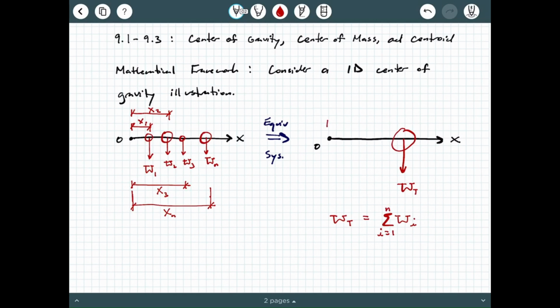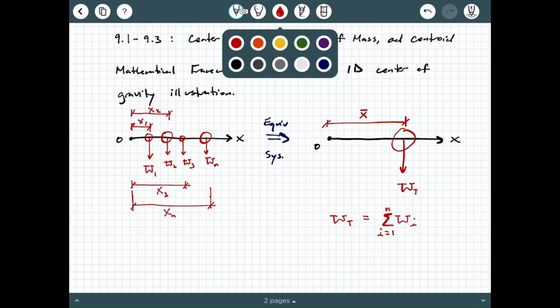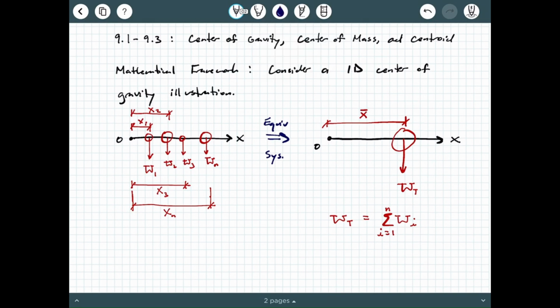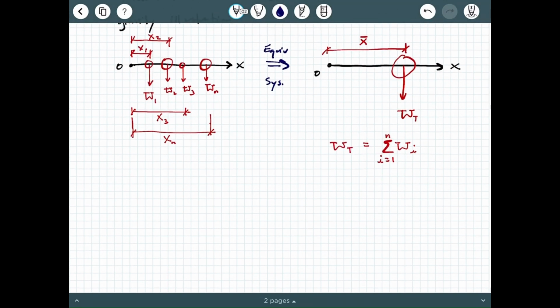Now let's go ahead and say that our equivalent total weight, W sub t, is some distance x bar away from that origin. All right. So again, we're looking at an equivalent system here, just like we've seen in some of our previous theory. All right. So here's a few things we can write about this equivalent system. The first thing we can say is, of course, this statement right here, the total weight is equal to all of the individual weights added up together.